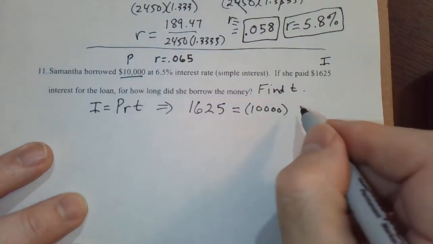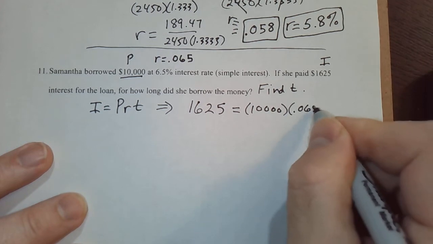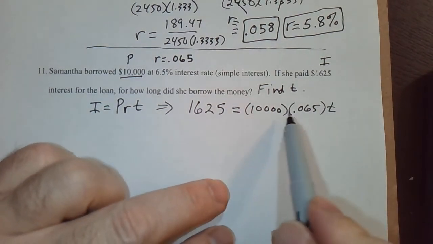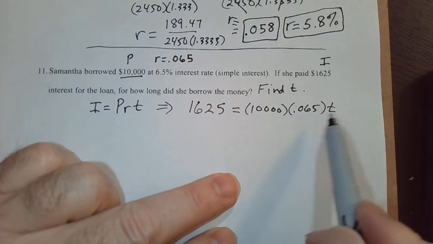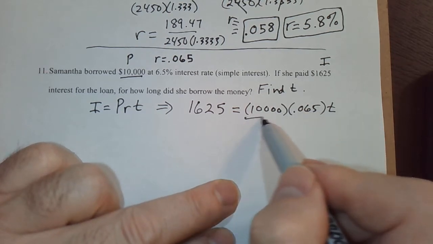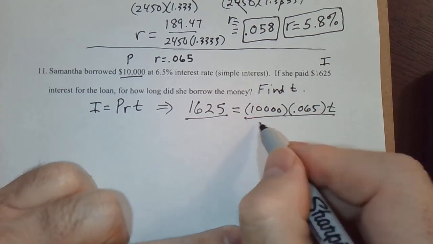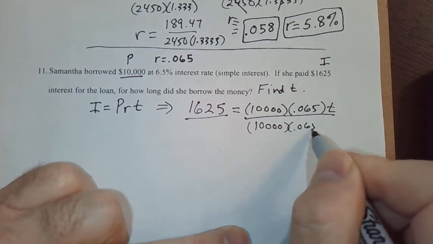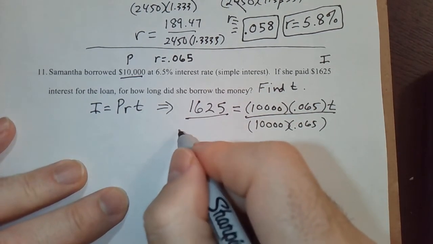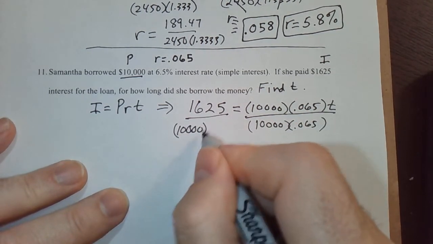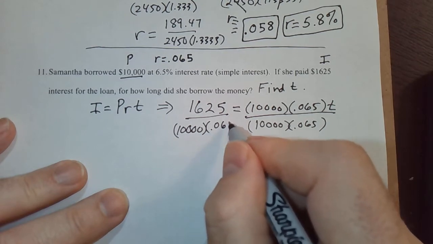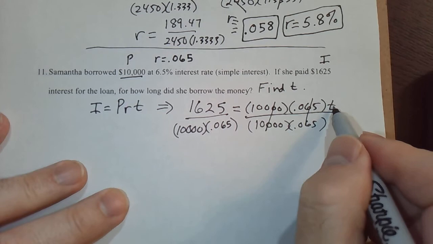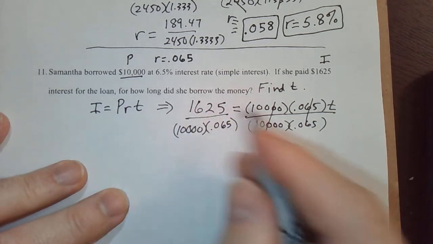R is 0.065 times T. So all we need to do, since these terms are multiplied together, is just divide by 2 of them. Divide by 10,000 times 0.065 on both sides. So that cancels, leaving us just with the T, equaling this amount right here.